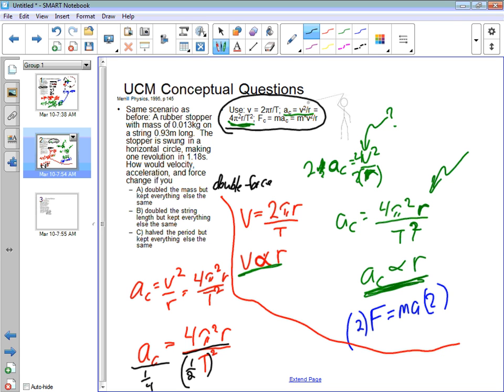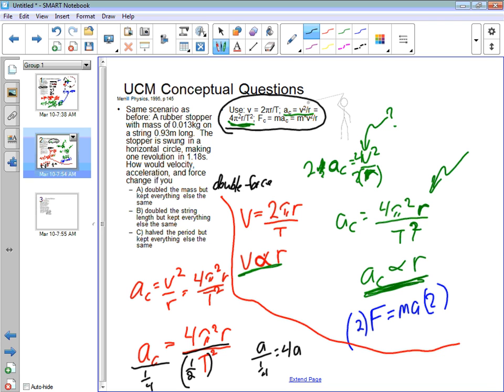What happens when you divide by a fraction? You can just multiply by its inverse. So a divided by 1/4 is like saying 4 times a. So it would quadruple the acceleration.